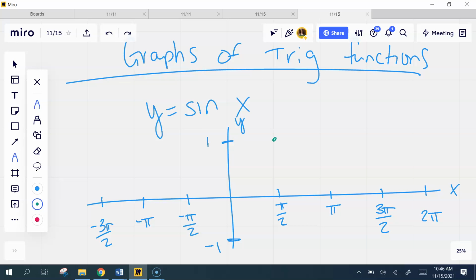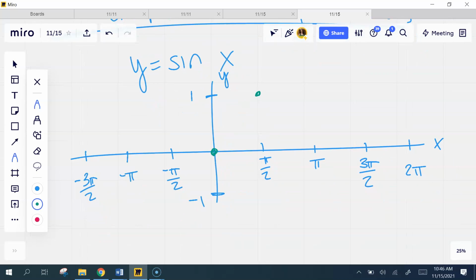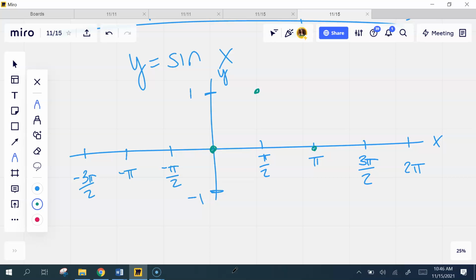That's 1. At 0, what is the sine? 0. So I start at 0. At half a pi, my y is 1. At a whole pi, what is my y? 0. And then it's easy just to pick up on the pattern.